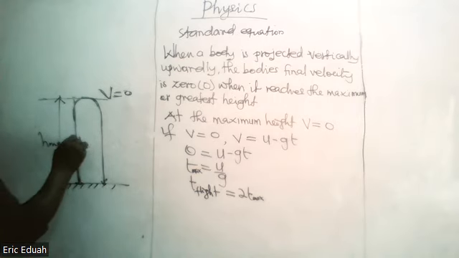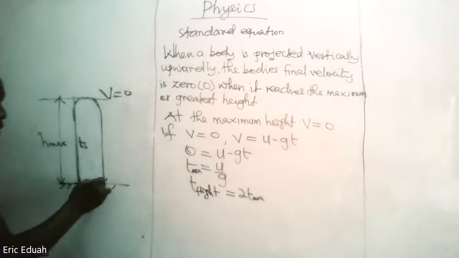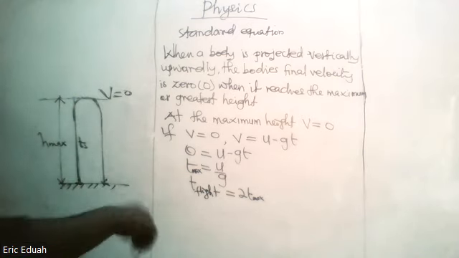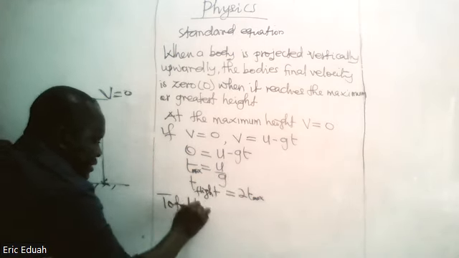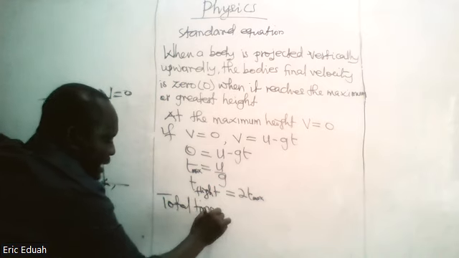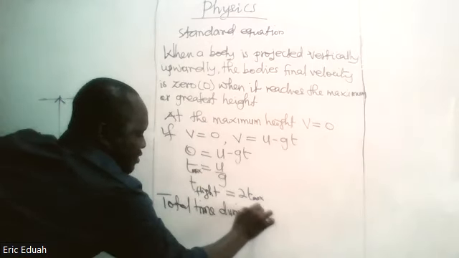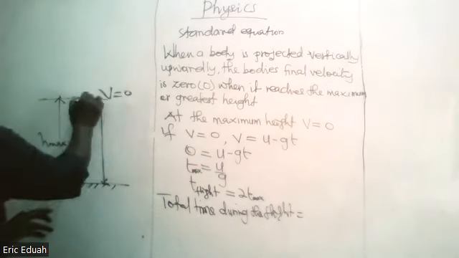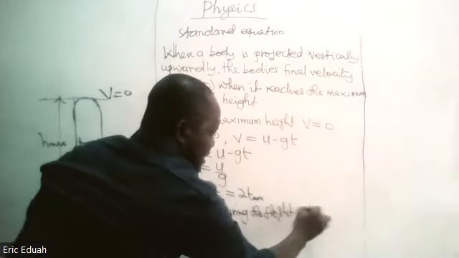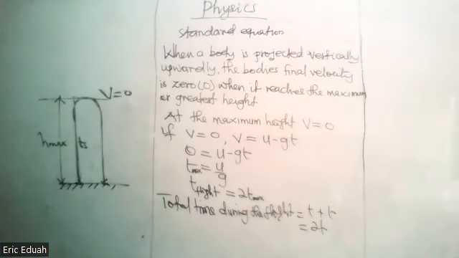So if you are looking for the total time taken during the flight of the body, it will be equal to T plus another T, giving me 2T. Are you okay? Yes, please.